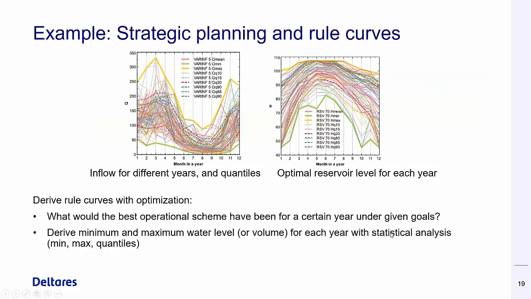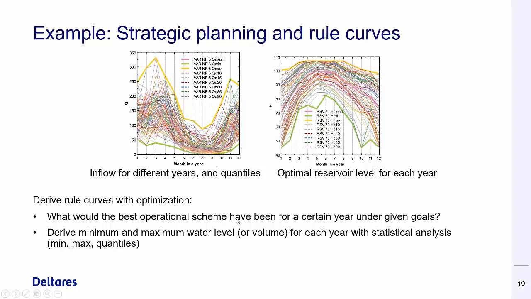Another application example is strategic planning and rule curves. Optimization can be used to develop rule curves, which means over the month and a year a minimum water level that the reservoir should have. So the question is, what would be the best operational scheme?